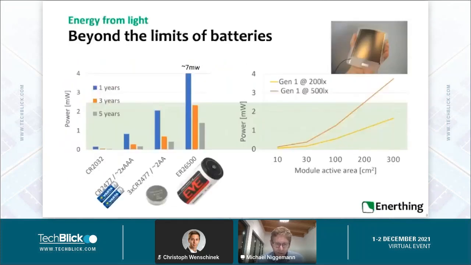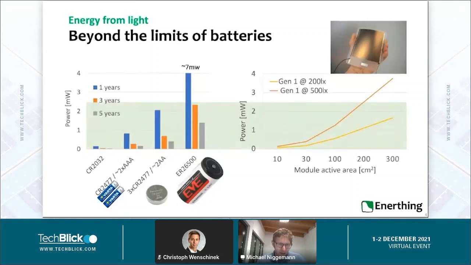But we are also specifically interested in overcoming the limitations that batteries present. What you see here on the left-hand side is the average power you can draw from a battery over a certain period of time. I've given examples of different types of batteries.